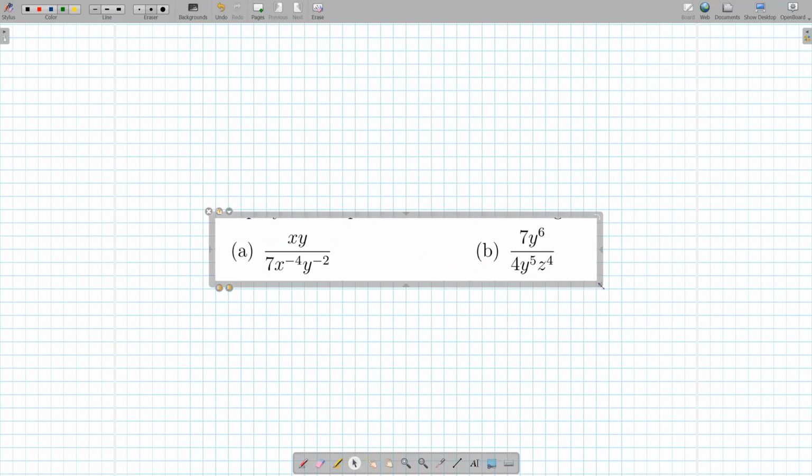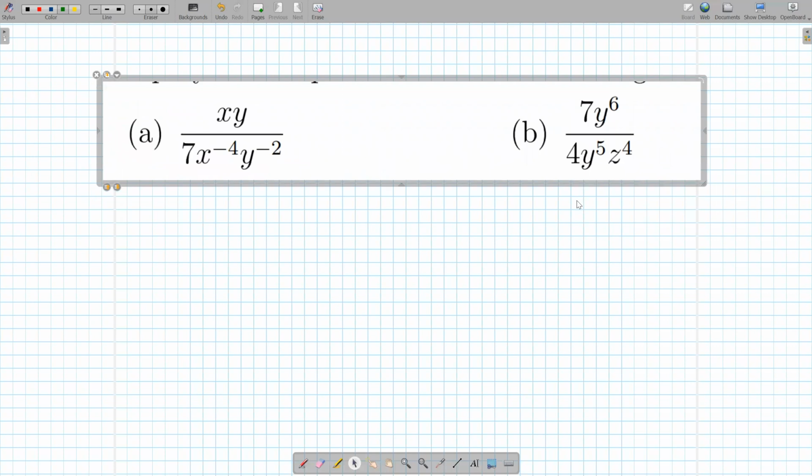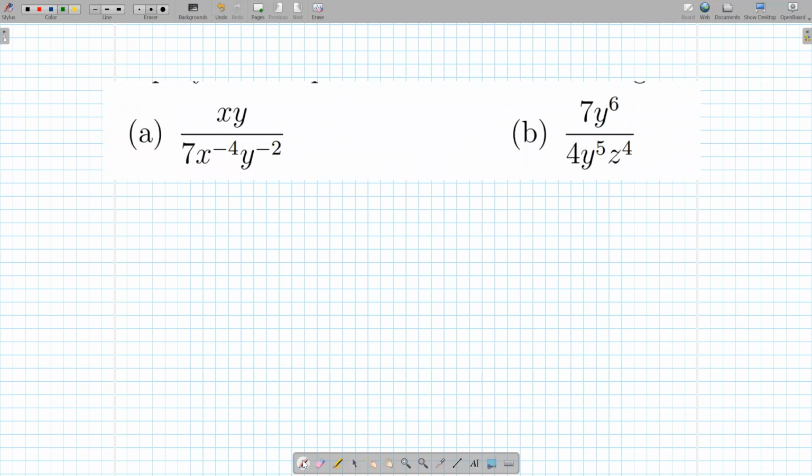Most of them are just two, 3 steps maybe. Okay, let's do this one by one. The 7 is there. We can't touch that, right? There's no other 7s. We'll just leave it there. Now think about it. Do you bring x minus 4 up, or do you bring that x down? We're looking to get positive exponents.